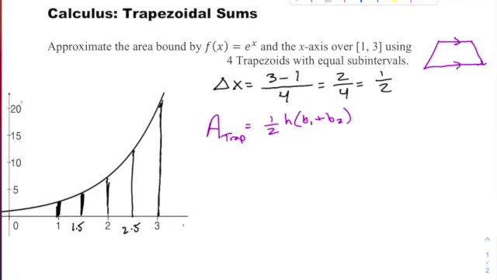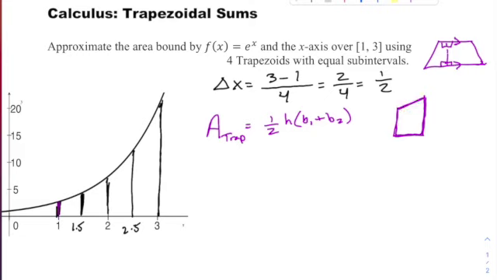The parallel sides are the bases, and the height is the perpendicular distance between those bases. That's still valid, but here your trapezoids are going to be drawn basically on their side. So this is the way we're visualizing these trapezoids in this case.